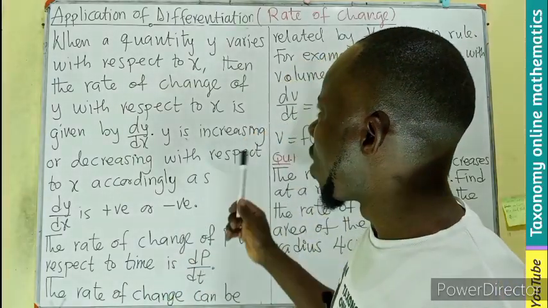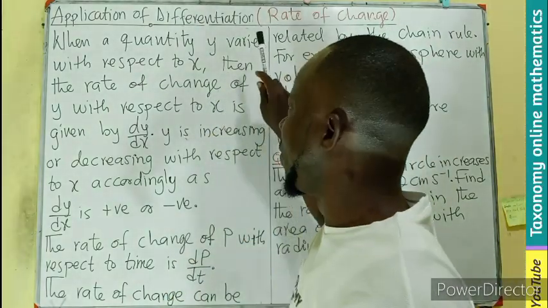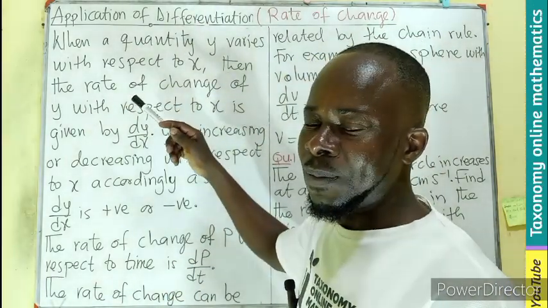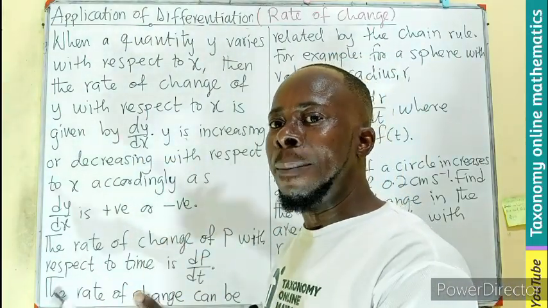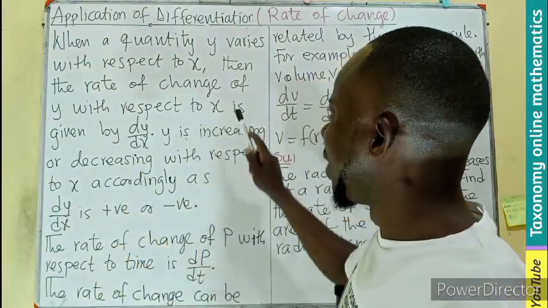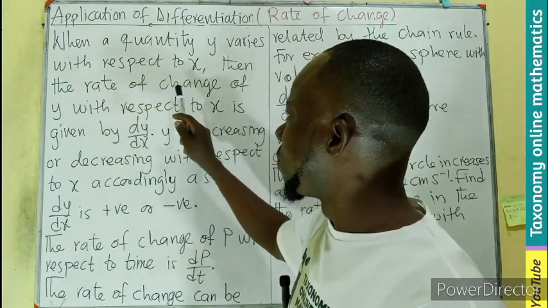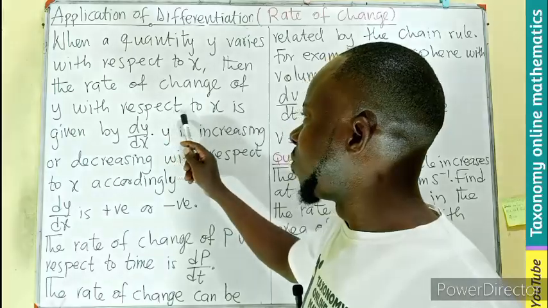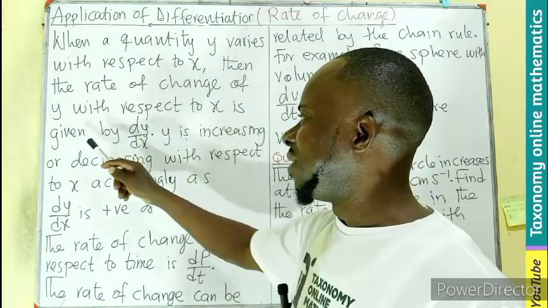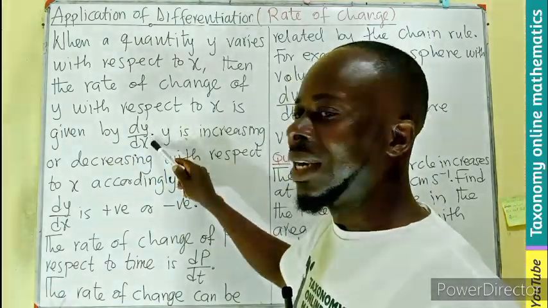When we take a quantity y which varies with respect to x, then the rate of change of y with respect to x is given by dy/dx.